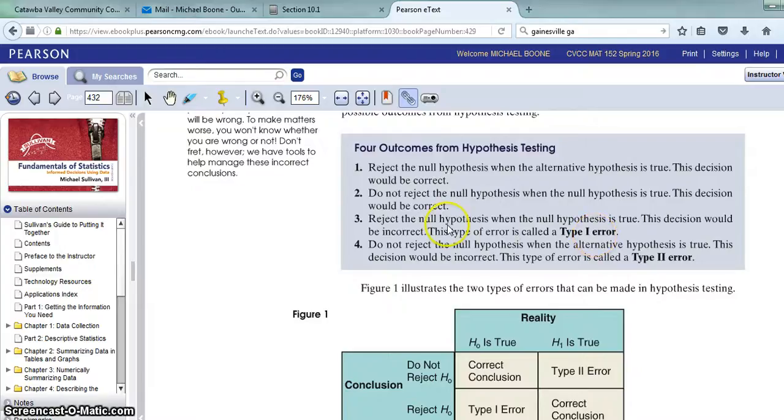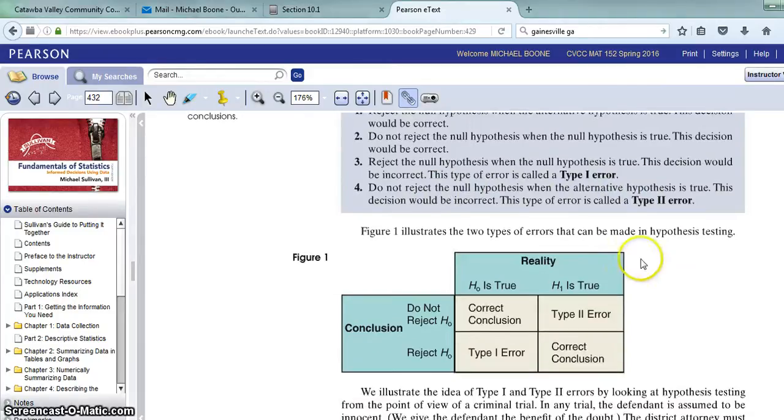So we reject the null. So like on the last example, we would say, hey, we don't think the mean is 8, but the mean really was 8. That would be an example of a type 1 error. If we do not reject the null, and we should have, this is a type 2 error. So there's a nice little chart in the book describing a type 1 and a type 2 error.